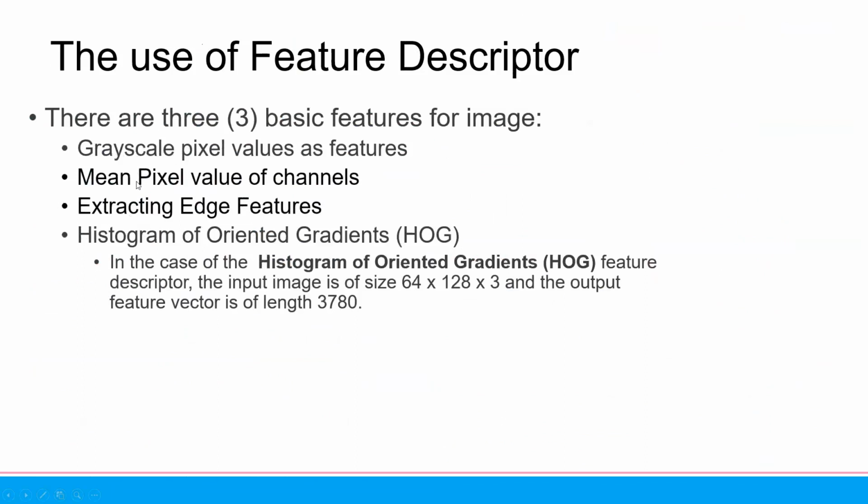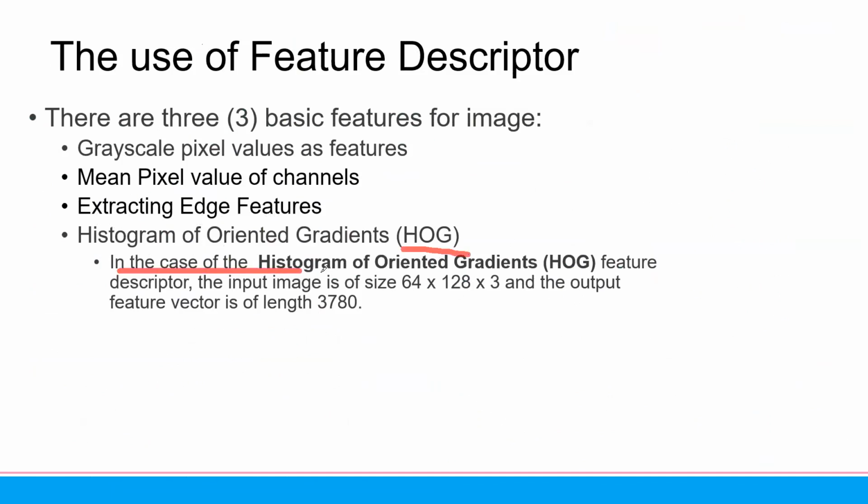We can also have another pixel value, we call it the mean pixel value. We can also have another feature which is about extracting edge features. We can use the histogram of oriented gradients, HOG, or people usually call it HOG features.